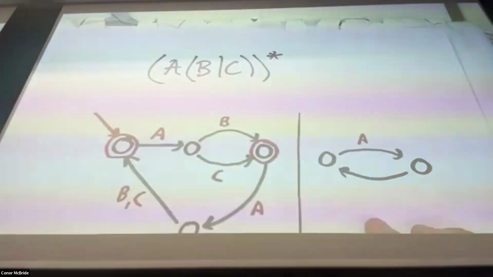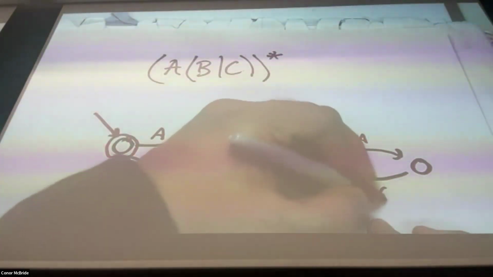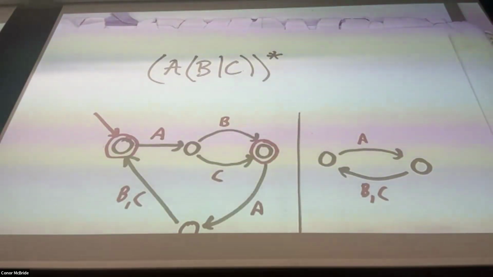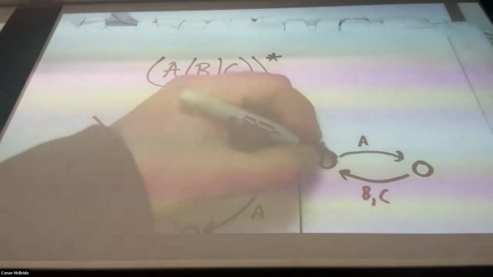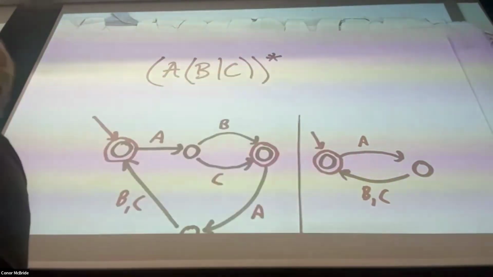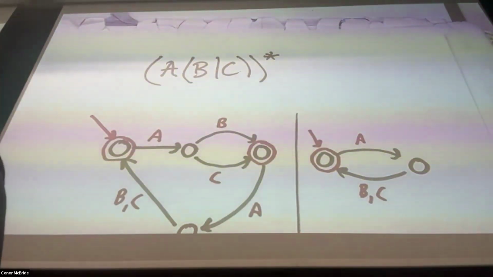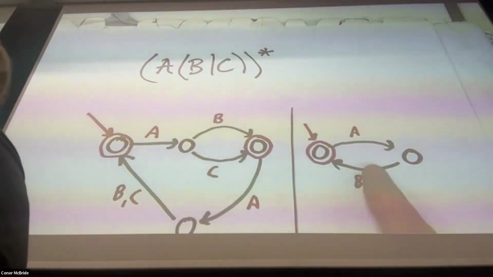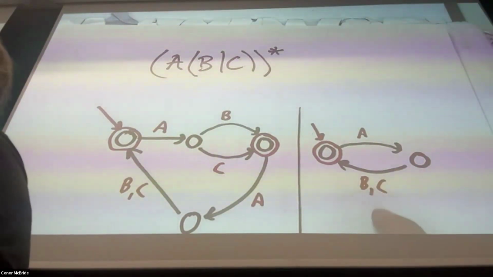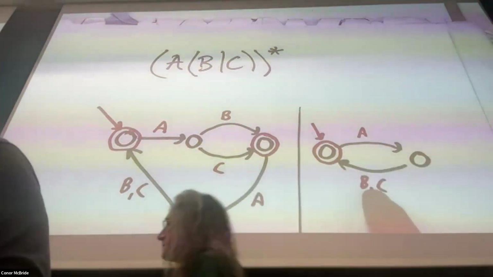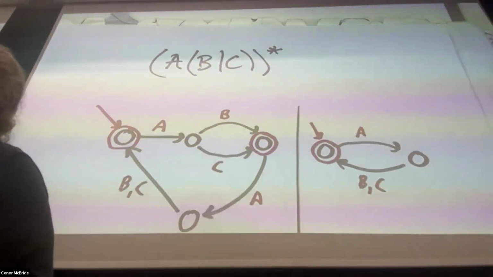And if I see a B or a C, then I move back to my initial state. With this automaton, we only have one accepting state, which is the initial one. In some sense, this is a better automaton, because it's more compactly described, but it accepts the same language as the other one.